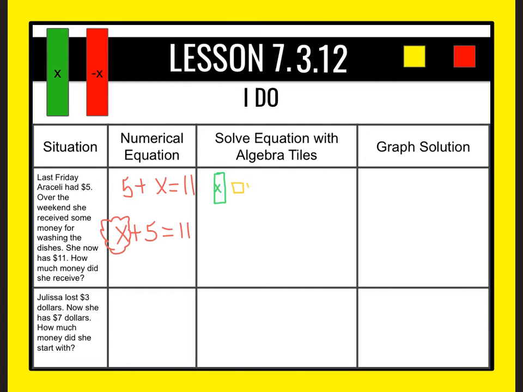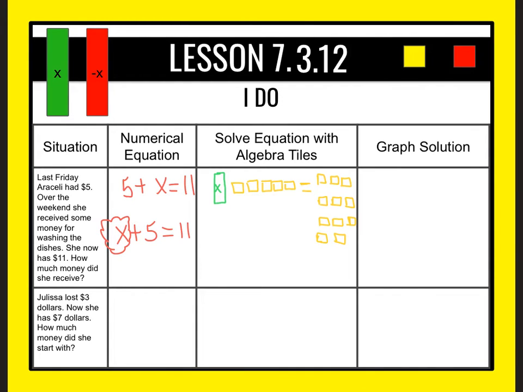All right, I have x plus 5 equals $11. So I know that's also going to be represented by my yellow 1 units. 1, 2, 3, 4, 5, 6, 7, 8, 9, 10, 11.